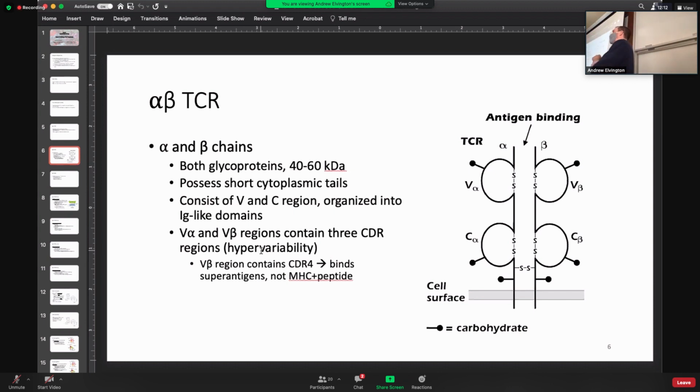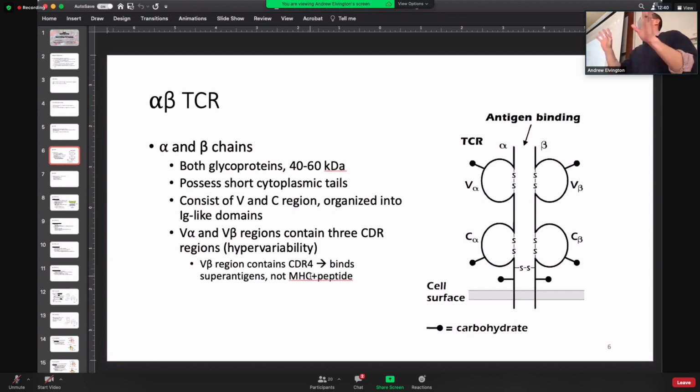What's cool is that the variable region on the beta chain, this piece, actually has an extra CDR. It has a 4th. We skipped the chapter to talk about MHC, but it has the 4th because that 4th CDR region on the variable portion of the beta chain actually interacts with MHC. So it has a little bit extra diversity.